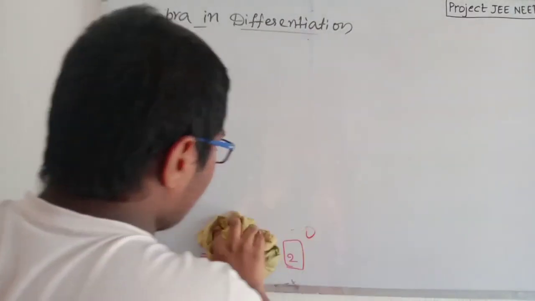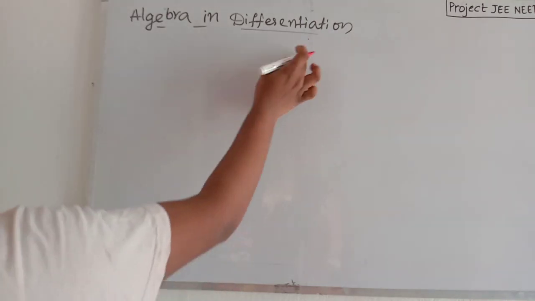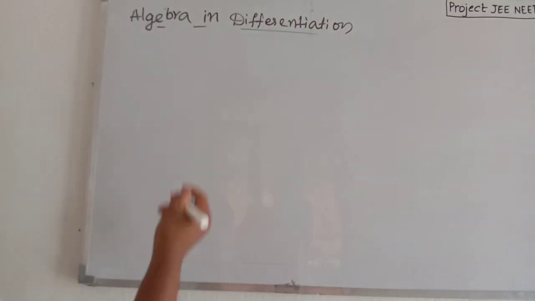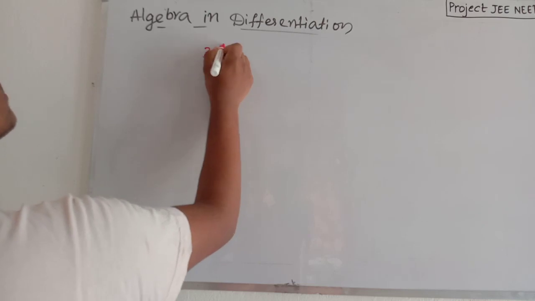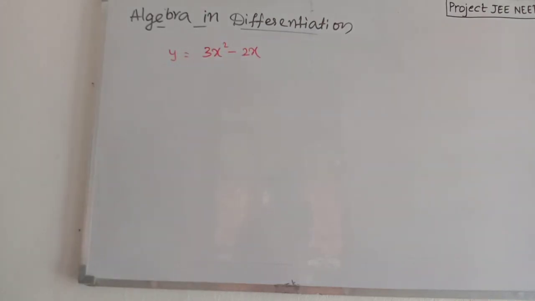Suppose y is equal to 3x square minus 2x is given.